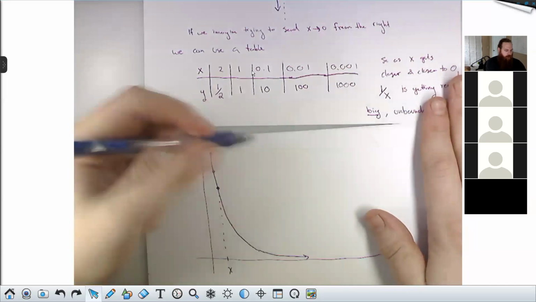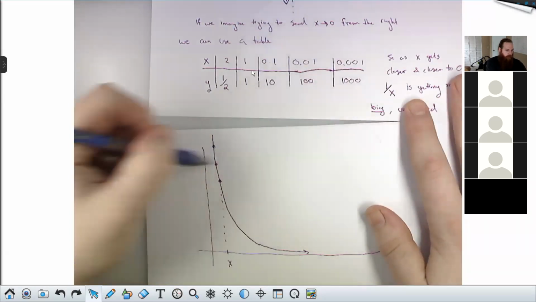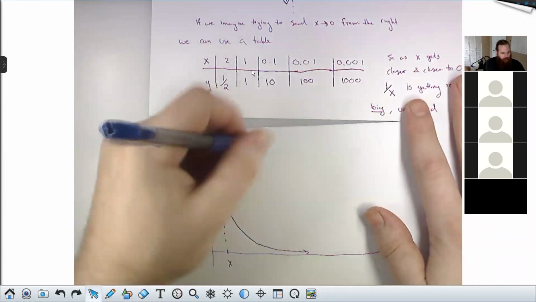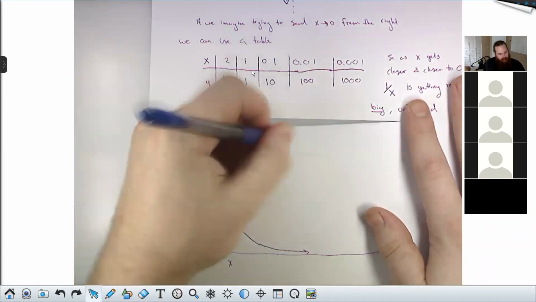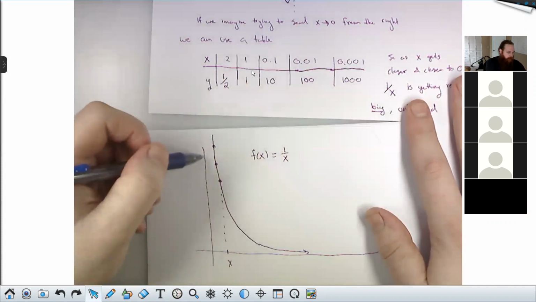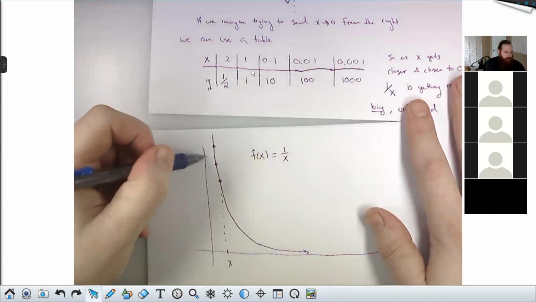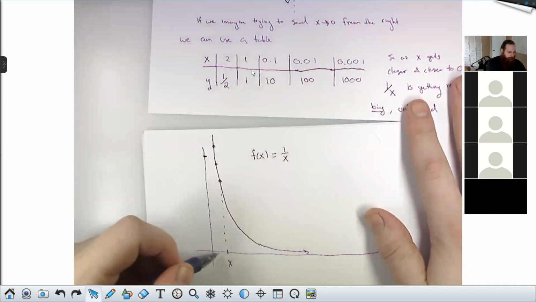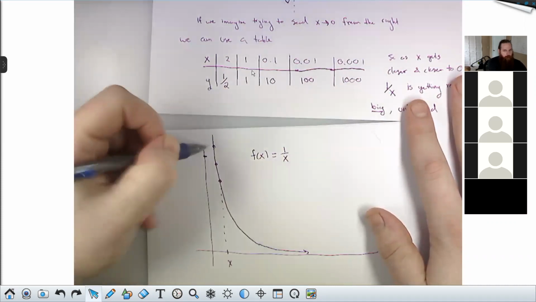And no matter where you tried to chop, say you said, okay, well, right here, maybe the limit as x approaches 0 from the left of 1 over x isn't infinite. Maybe it should be some finite number. You can take a guess at what that finite number might be. But if I bring x a little bit further to the left, we'll jump over that.